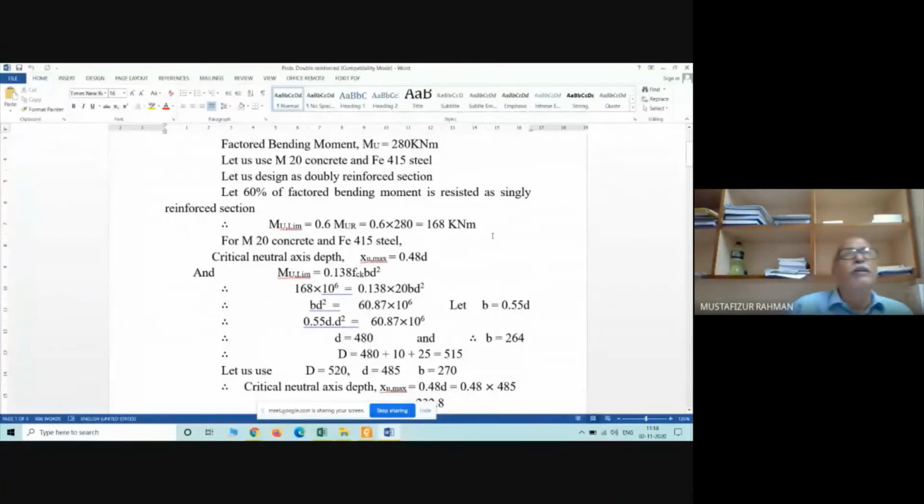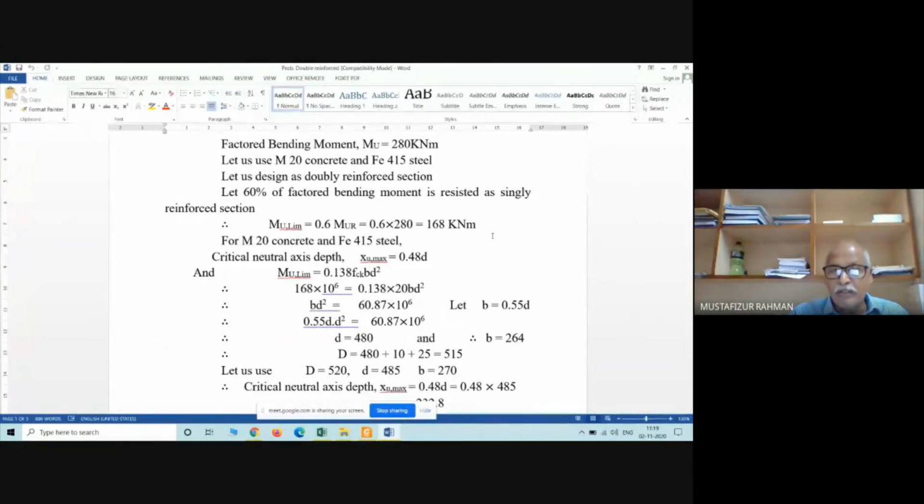In previous problems, whatever we had solved, we tried to find out the moment of resistance of the section. We found the moment of resistance with respect to the compression zone and with respect to the tension zone. And when we find the moment of resistance with respect to the compression zone, we consider the compression concrete area and the compression steel area.